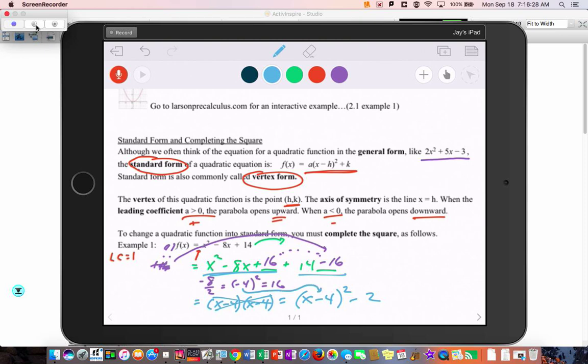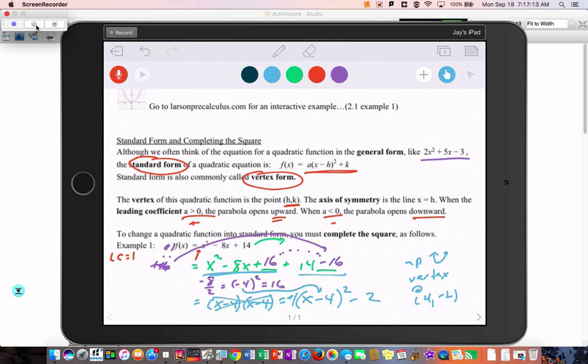So now I know there's a positive 1 in front, so it's an upward opening parabola, and it has a vertex at 4, negative 2. So it's always the opposite of what you see for the x, exactly what you see for the y.